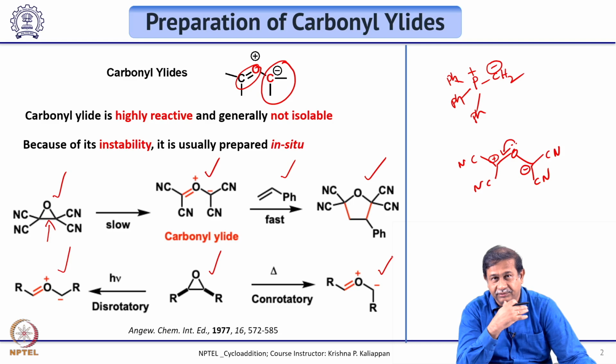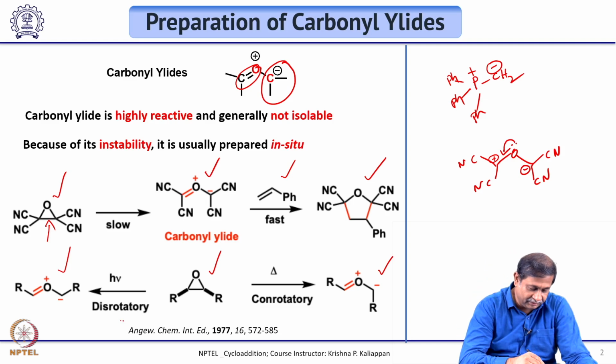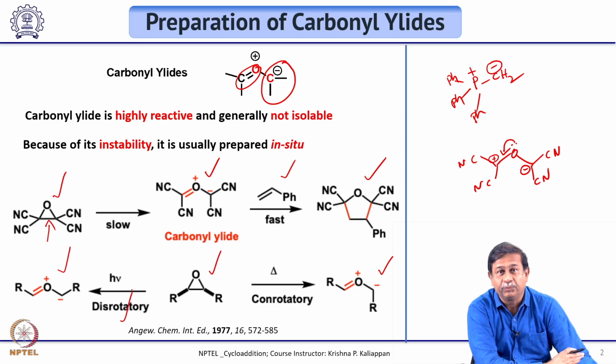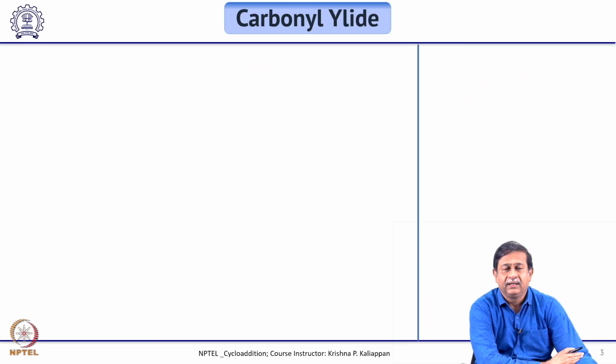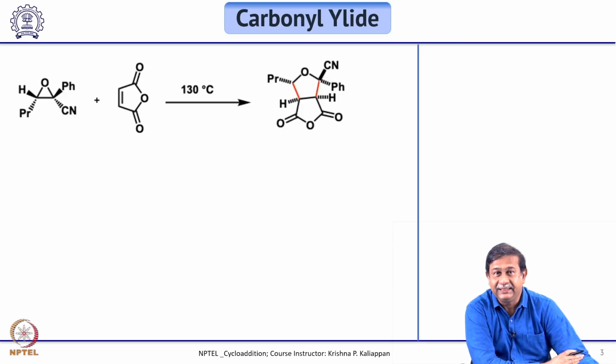Of course, for conrotatory opening you should heat it, and for disrotatory ring opening you have to shine light. Under photochemical conditions, you will have this ylide. There are other ways to generate carbonyl ylides, but once you generate them in situ, they can be easily trapped with various dipolarophiles.